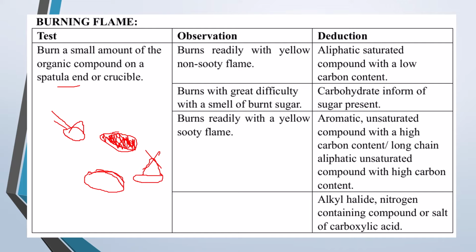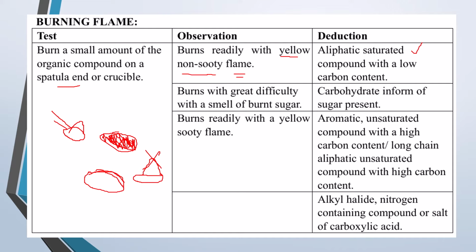So when you're burning, and what you're burning burns with a yellow non-sooty flame, we deduce that it's going to be an aliphatic saturated compound with a low carbon content. Now notice that compounds that burn with a sooty flame are always unsaturated. We expect double bonds or multiple bonds to be present in such a compound.